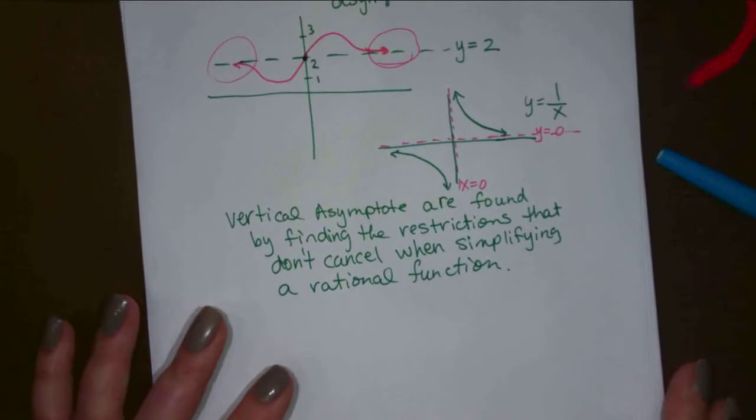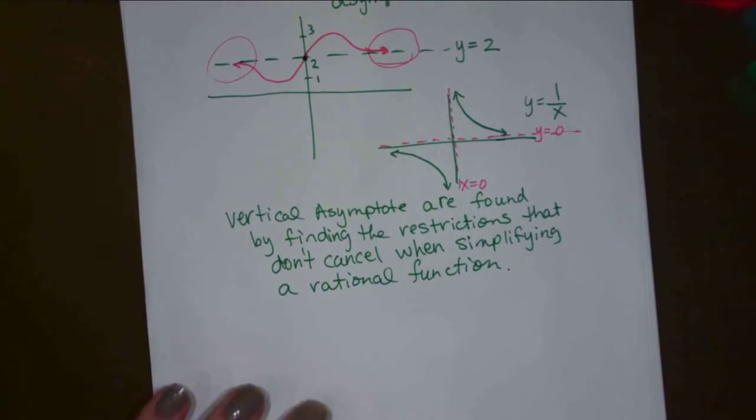You'll get a slightly different view of this in calculus, but the idea is the exact same. When you see this again in calculus, they'll define it a little bit different, but it's the same thing.